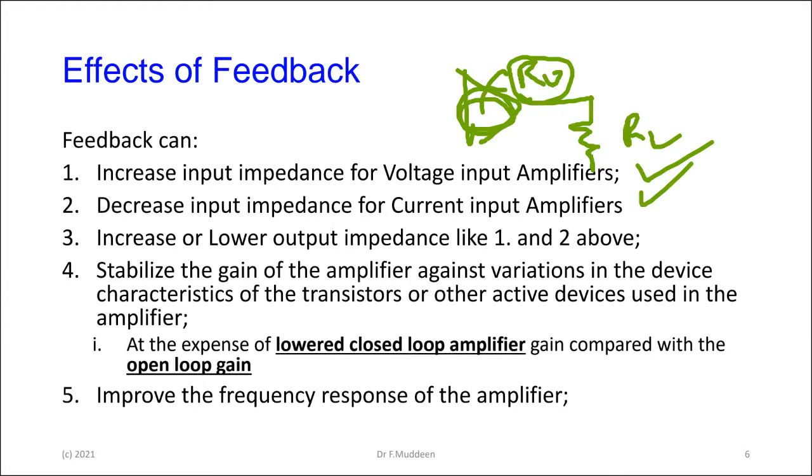So the gist of the output is to get as much signal across the load as possible. So in the case of the amplifiers that are supplying output voltage, you want RO as low as possible, so all the voltage is dropping across RL.